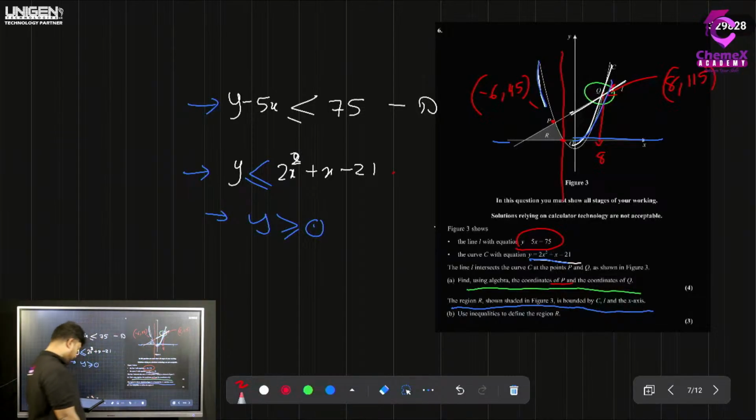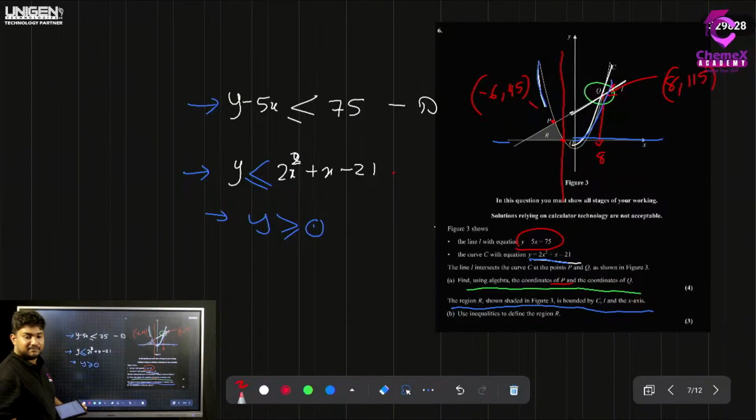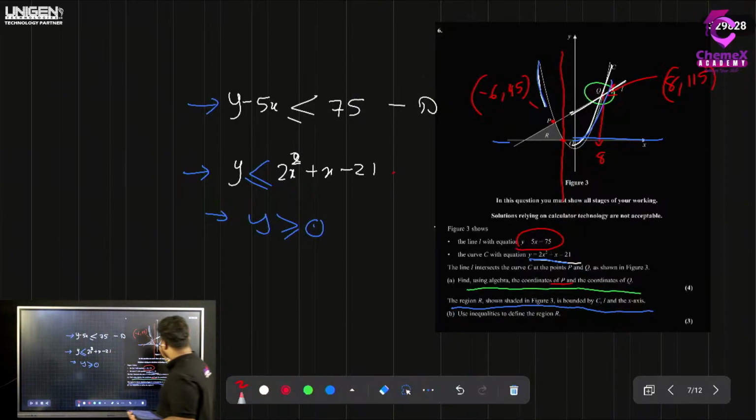What's that line? How do you find that, by the way? How do you find the place where the U shape crosses the axis? So you put y equals 0, right? How do you find?